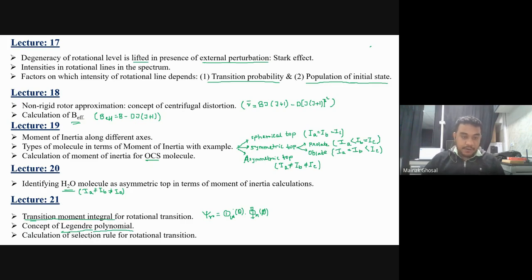Then Professor Anirban Hazra did the integration of psi mu psi, because to see if a transition is happening in the system, you need to find that its transition moment integral is non-zero. It was shown that for the transition moment integral to be non-zero, delta J should be equal to plus minus 1, and thus it becomes the selection rule for rotational transition.